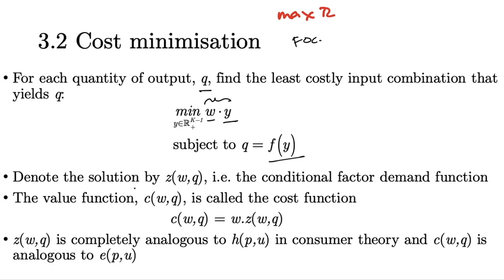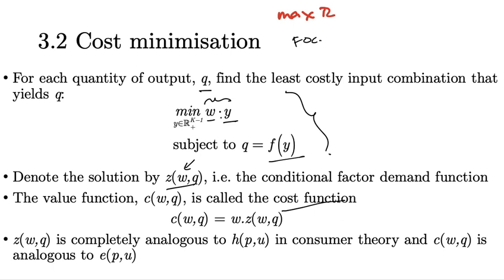Then you can find the solution, and the solution here, we just name it. You can name it whatever as long as it is a function of input prices and also quantity of output. And this is what we call conditional factor demand function. And then the cost function that we're going to obtain after we solve this problem is a function of a vector of input prices and also quantity of output, and this is what we call cost function.